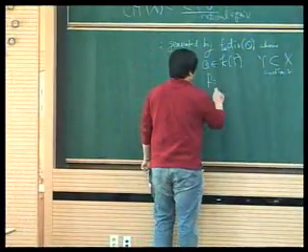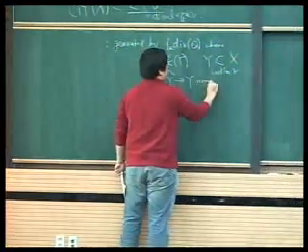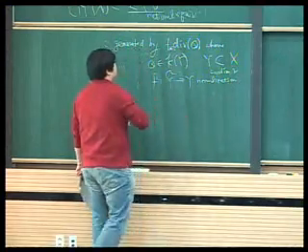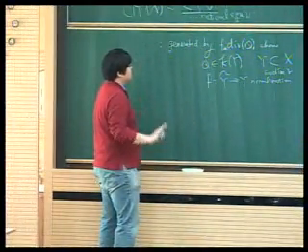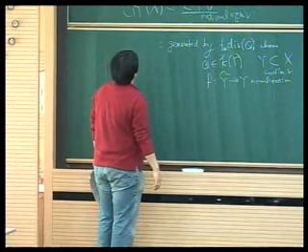So F is a normalization, and on the normal variety, you can actually take this divisor and you can push it forward. So that's one way of defining this.